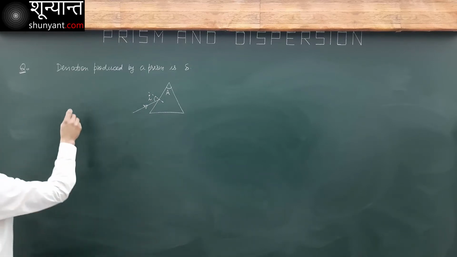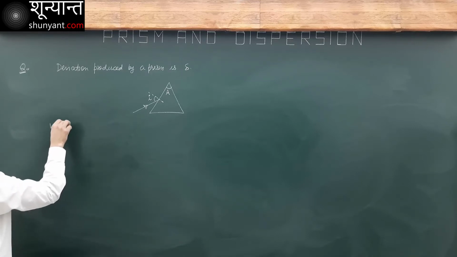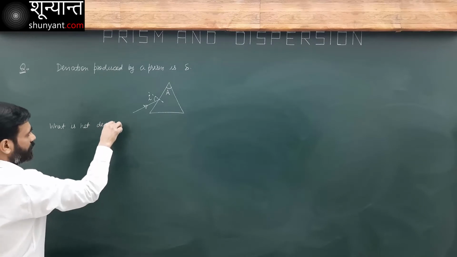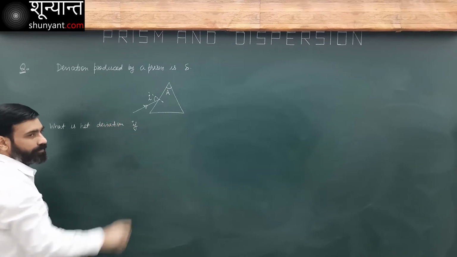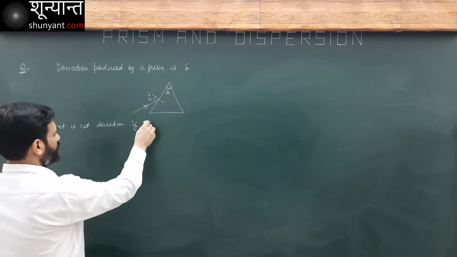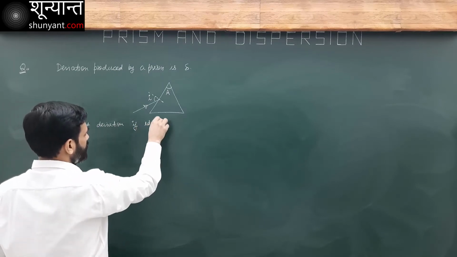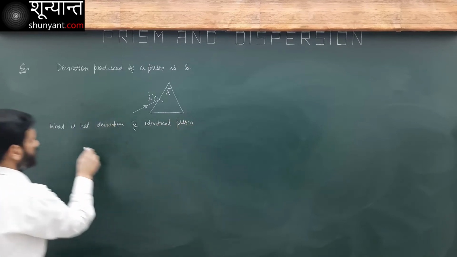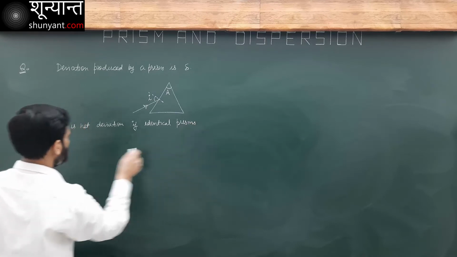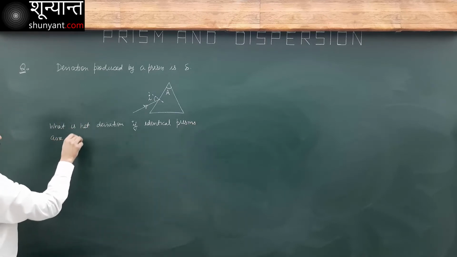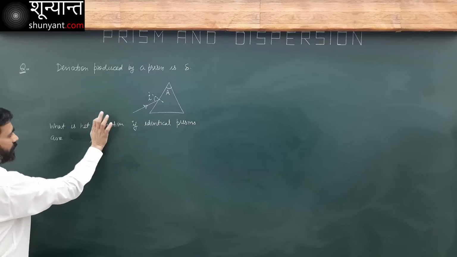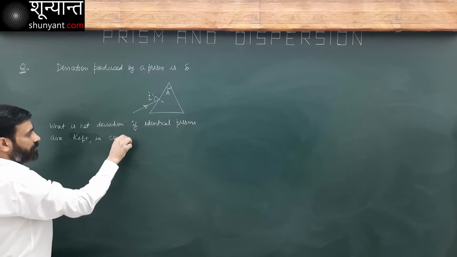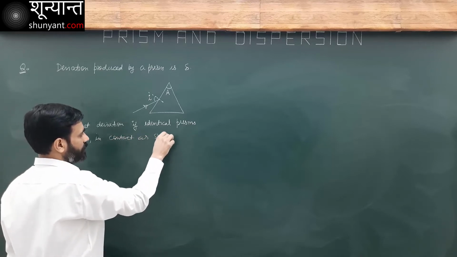Now look at this. Question is, what is net deviation if identical prisms are arranged or kept in contact as shown.